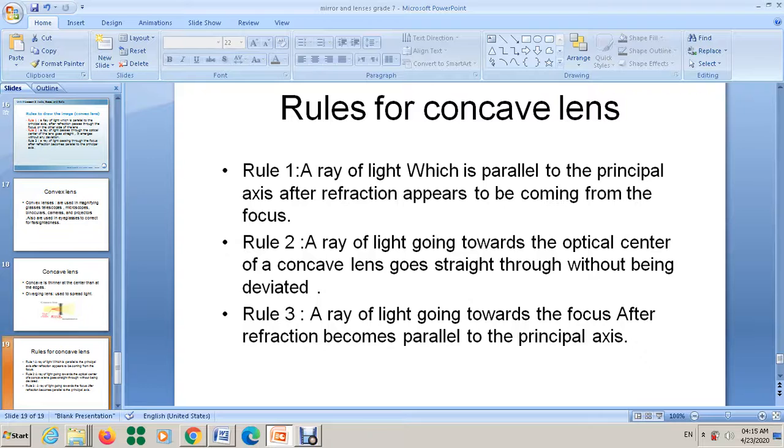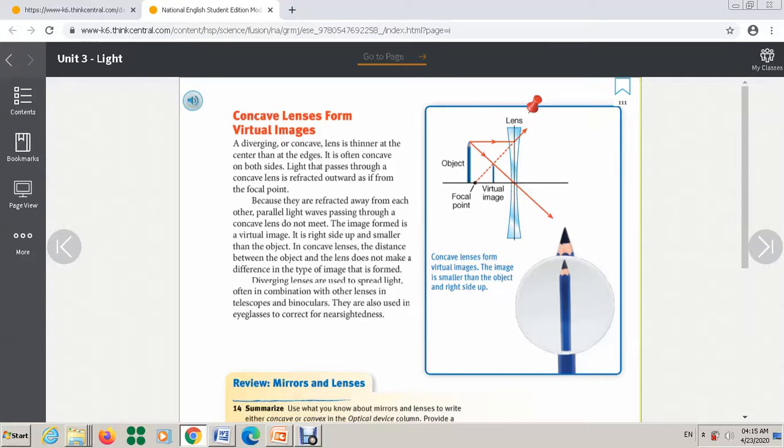Okay, let's go back to our first one where we highlighted. Also because they are refracted away from each other, parallel light waves passing through a concave lens don't meet, so they diverge, okay, at the end. So this one also is important.